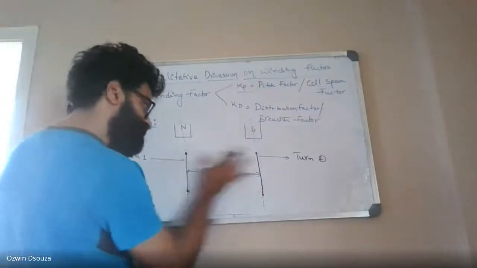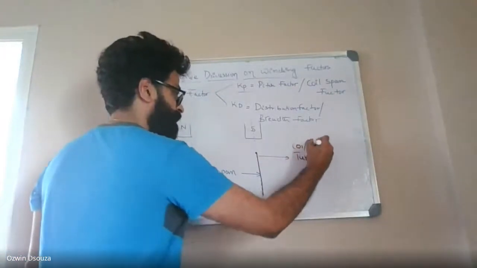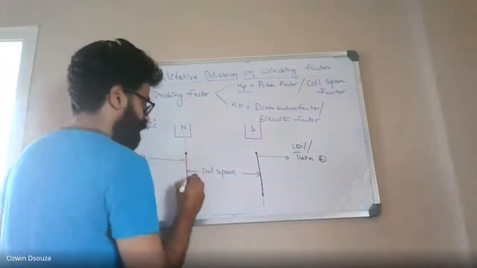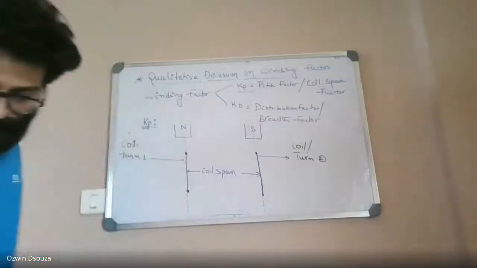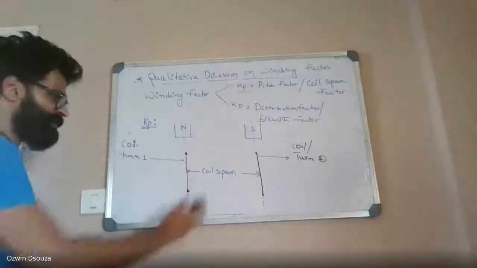The distance between the two coils or turns is called the coil span, as I've already mentioned.